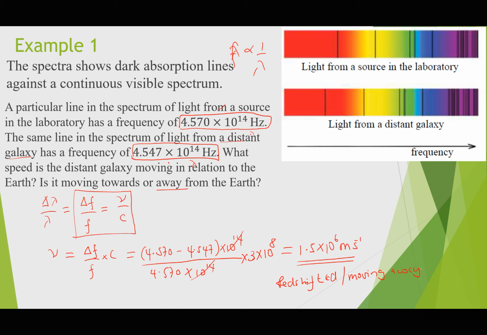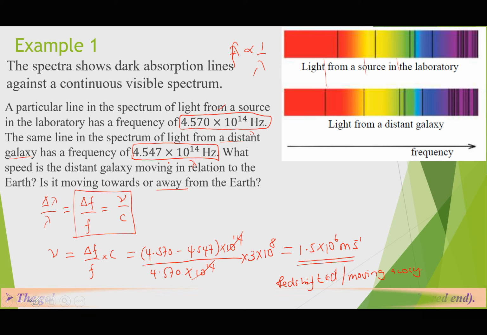Because the spectral lines are already shifted, the galaxy is moving away from the Earth, or from the observer. When you look at the diagram, it shows that all the spectral lines have been shifted towards the left-hand side, which means the galaxy is moving away from the observer.